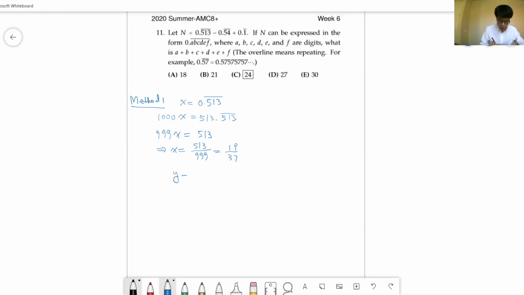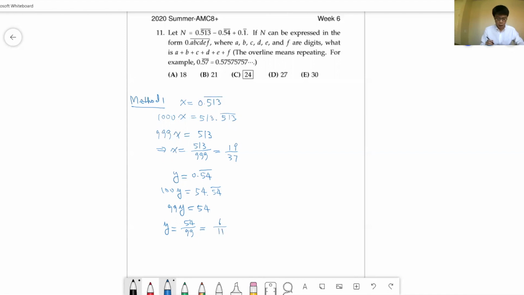And similarly, let's consider the second part. Let me denote by y. Y equals 0.54 repeating. And then if I multiply by 100, I will get 54.54 repeating. And then we do subtraction. We get 99y equals 54. And then y equals 54 divided by 99, which is 6/11.